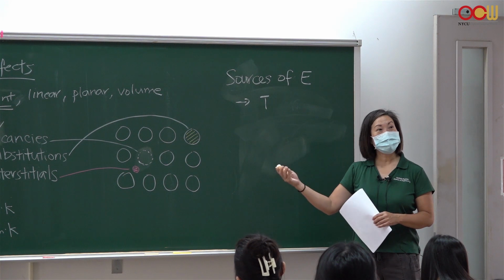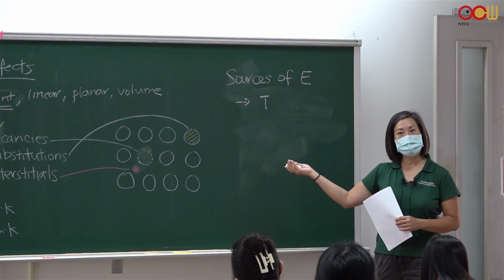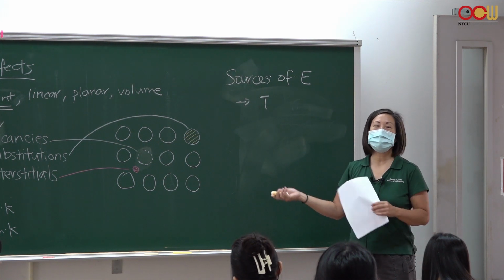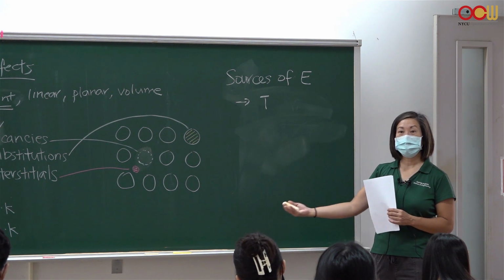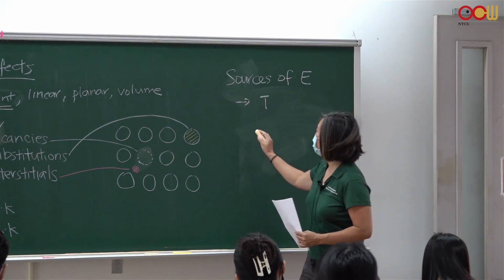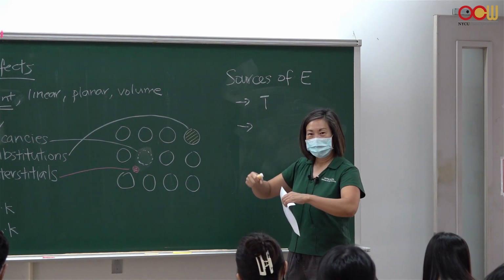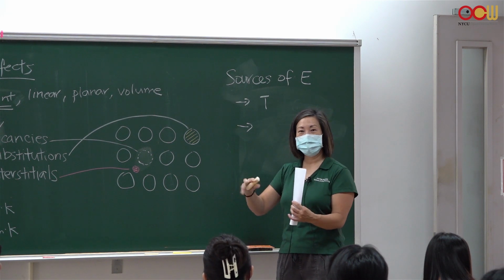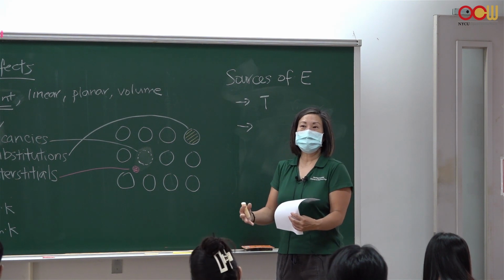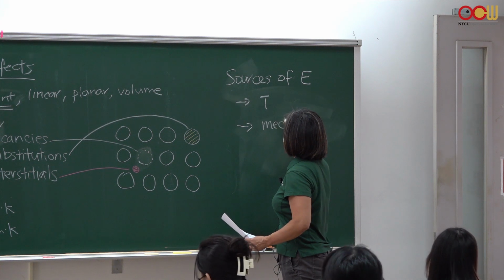So we could control the temperature, and that will control the amount of vacancies. What are some other ways that we might be able to add energy into the system if we wanted more vacancies? Pressure, okay, so mechanical, right? Either you press on it, or you can bend it. Anytime you add mechanical things to a system, you're adding energy. So mechanical energy.